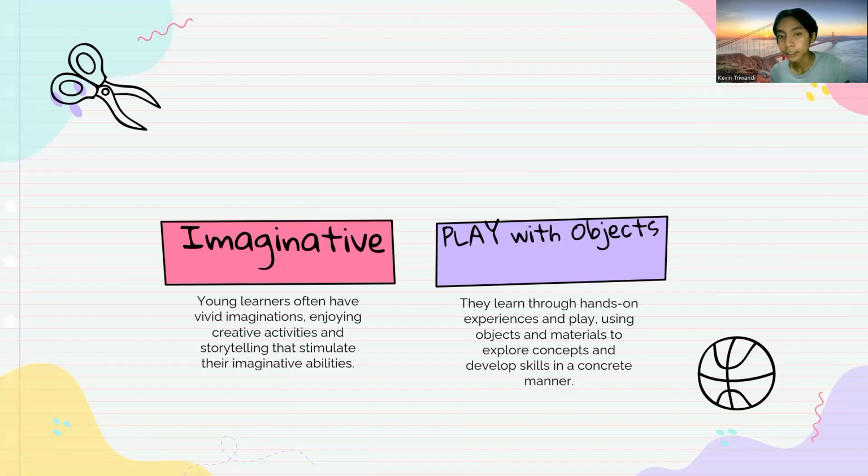And the last is play with objects. As we know, it is connected with a couple of the characteristics before, like being active. They use their own hands to reach for something, to play with something, to explore the item, I guess.